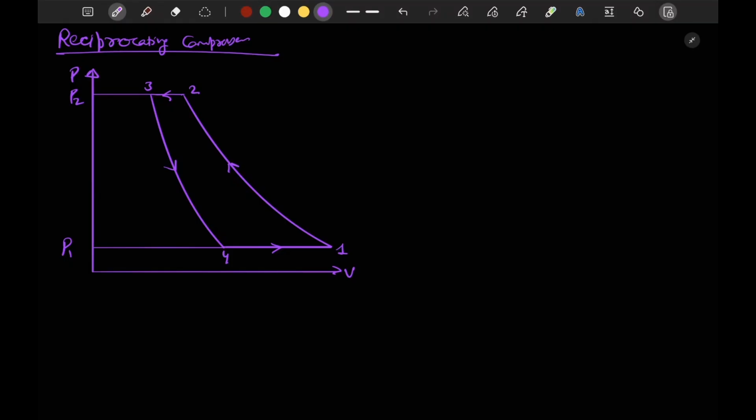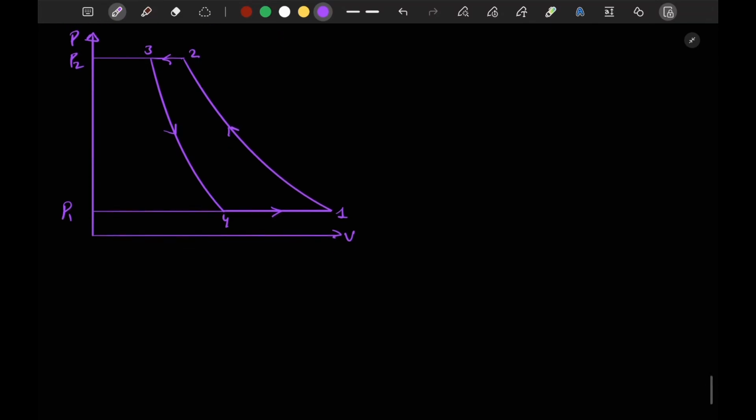Then the piston expands the remaining gas from 3 to 4. At point 4 our inlet valve opens, and at constant pressure P1 the volume is filled with new air. So 1 2 3 4 is our reciprocating process.